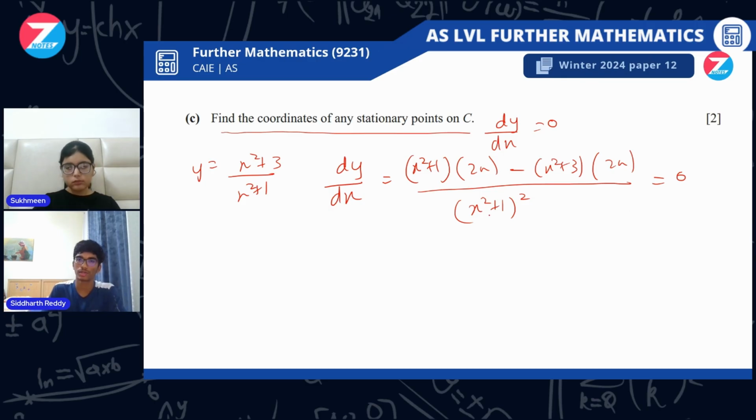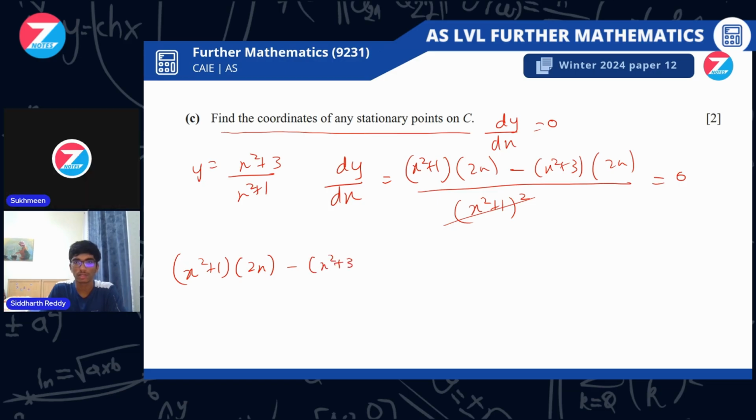So since it's equal to 0, we can just multiply the denominator out. So it becomes x square plus 1 into 2x minus x square plus 3 into 2x is equal to 0. So factoring out the 2x, we get x square plus 1 minus x square plus 3 is equal to 0.